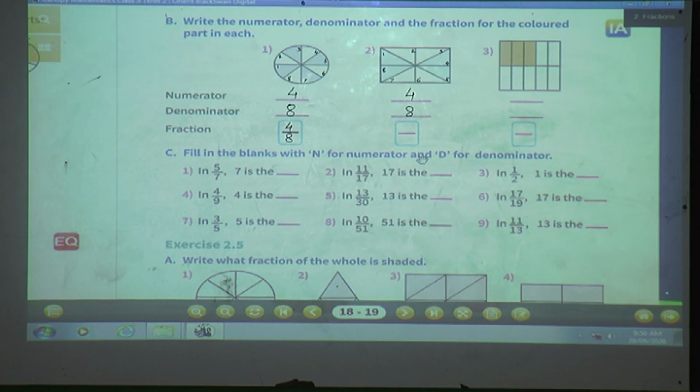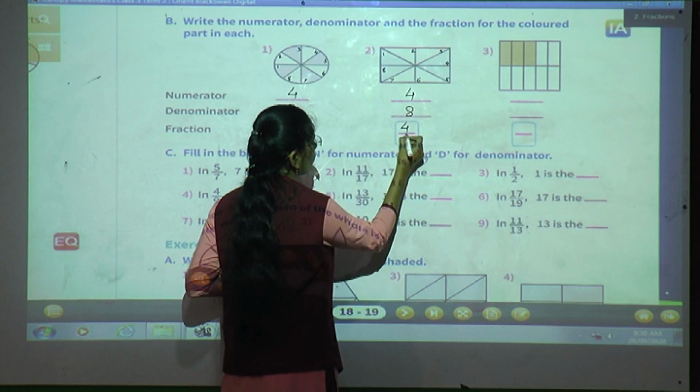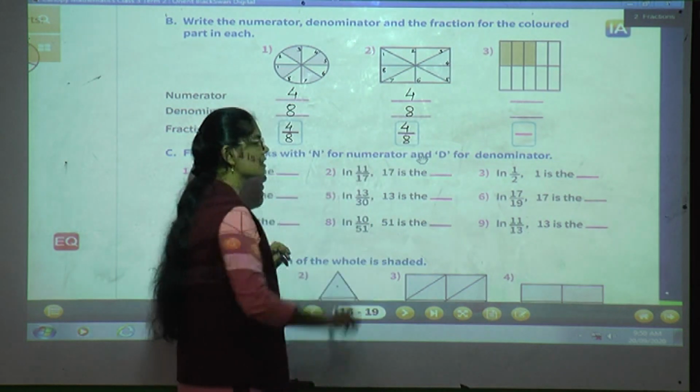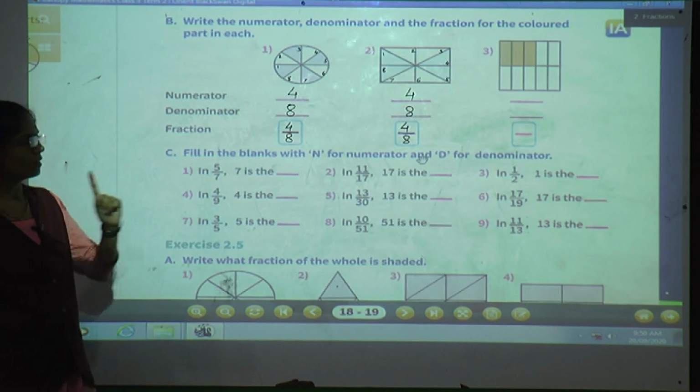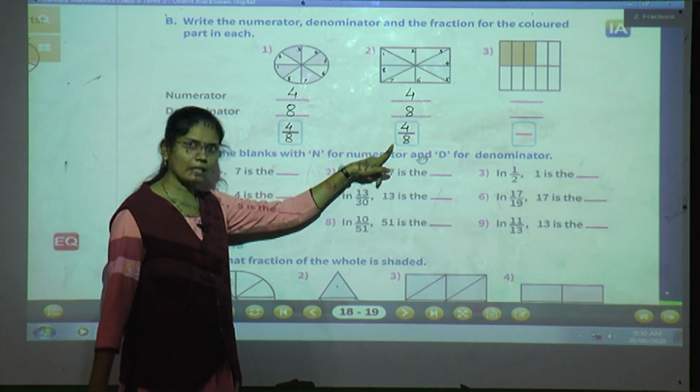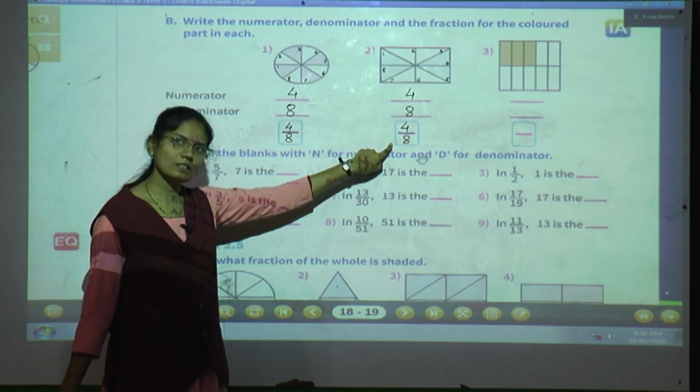Fraction means numerator by denominator, so here you have to write 4 by 8. Now read this fraction, 4 by 8. In this fraction 4 is the numerator and 8 is the denominator.